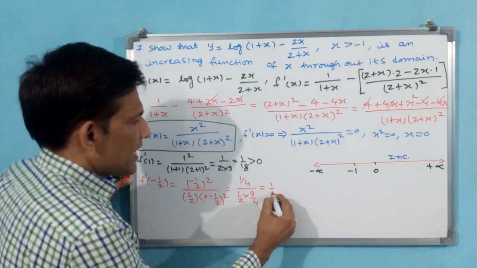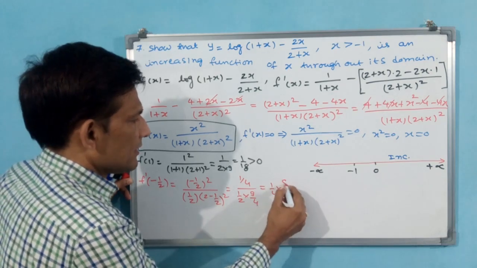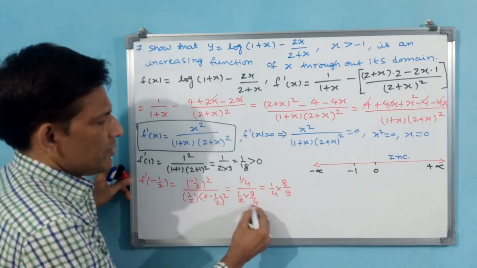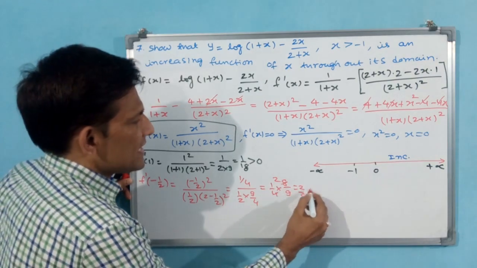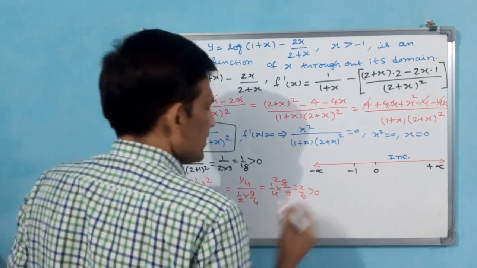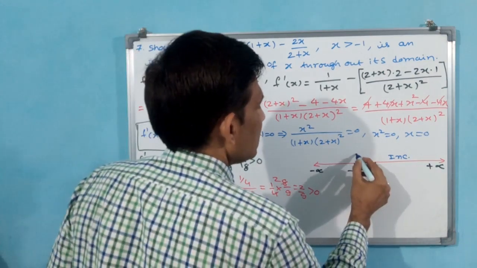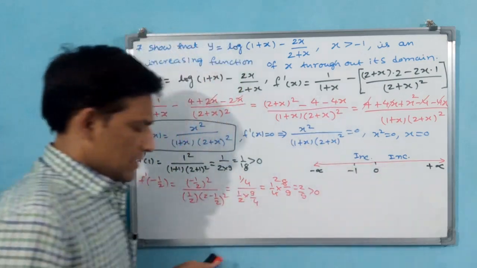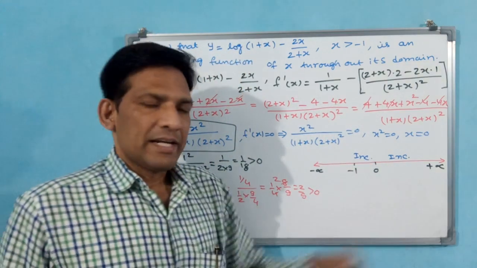Okay, write down 1 by 4 into 9 by 8, 8 by 9. 2 by 9 is greater than 0. That means here also increasing. Okay, now what are you able to understand?